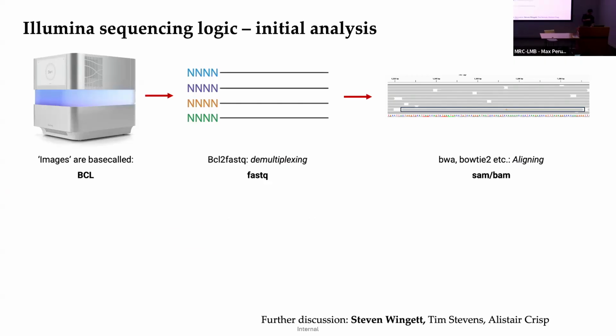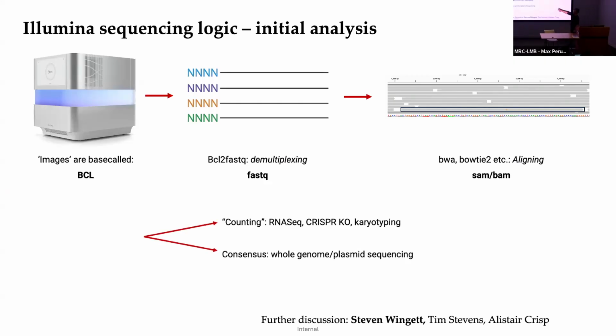Okay, so after this, there are usually two things that happen. One is you do some counting. Again, the digital aspect of the sequencing is really important here. It's what made the Illumina sequencing very, very powerful in the first stage: you can count how many times you find, for example, a certain RNA. So if you're comparing between two different conditions, you're effectively saying, well, RNA levels have increased given that you've added a drug to this system, for example.